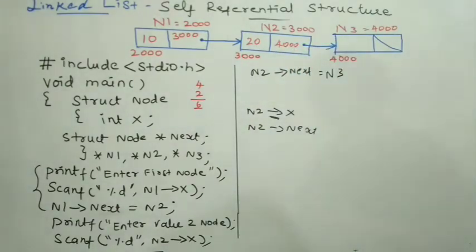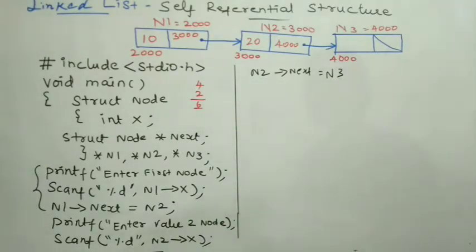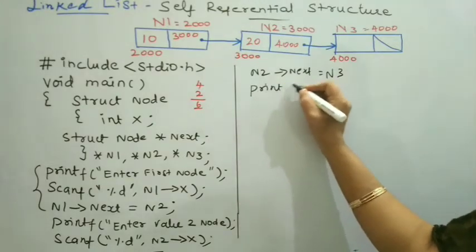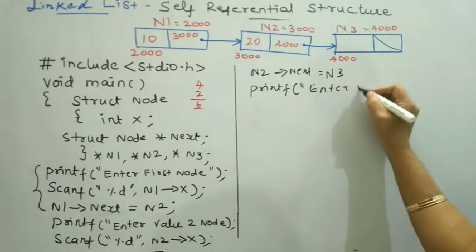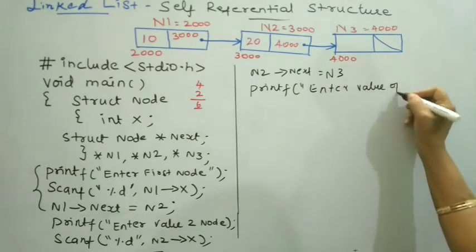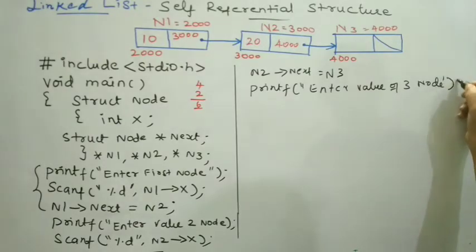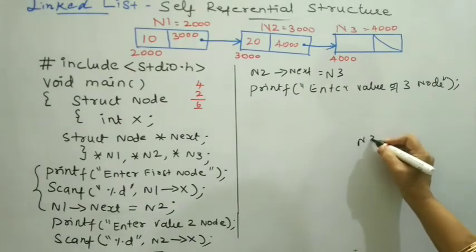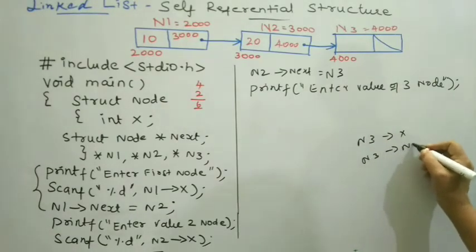Now I need to create the third node. Before getting the value for the third node, I am prompting the message printf enter value of third node. After prompting the message, I need to get the value. For node 3, I have two data members, x and next.